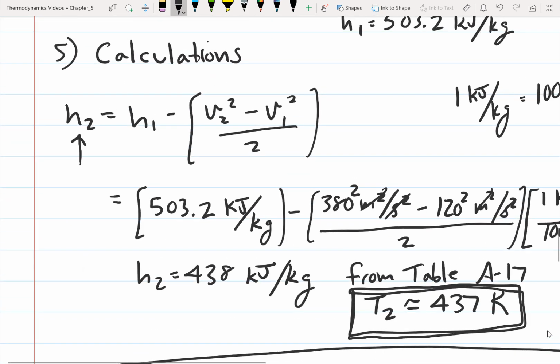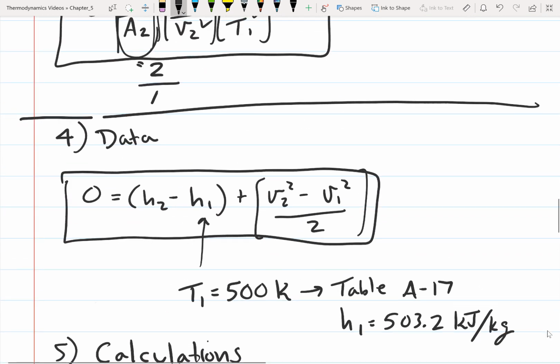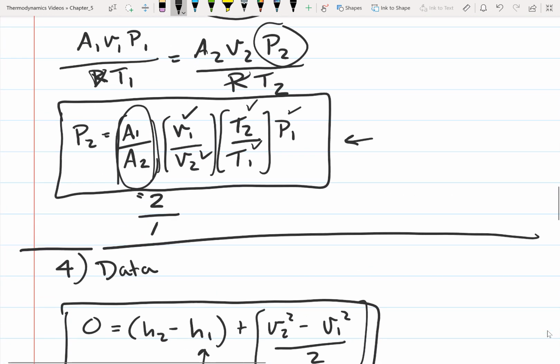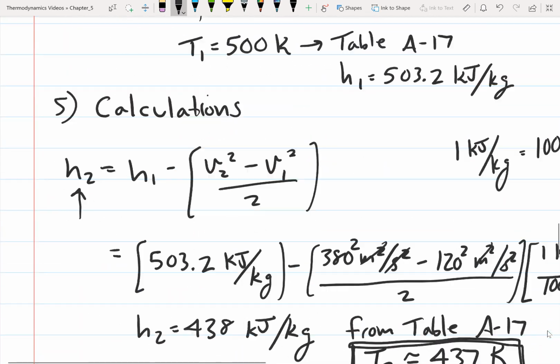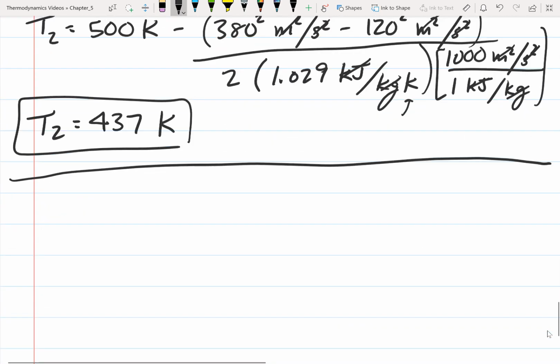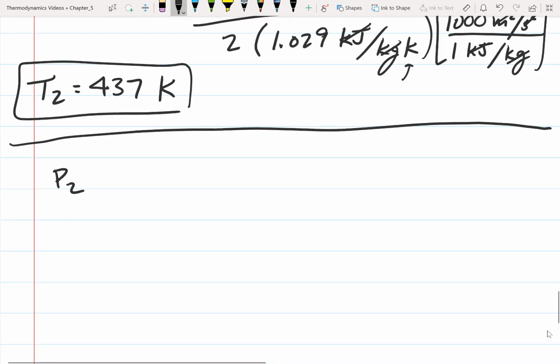So now let's do the second part of our calculation, which was to calculate the pressure. So I'm going to go back to this equation, and I'm just going to rewrite it. So P2, now we're looking for the pressure.